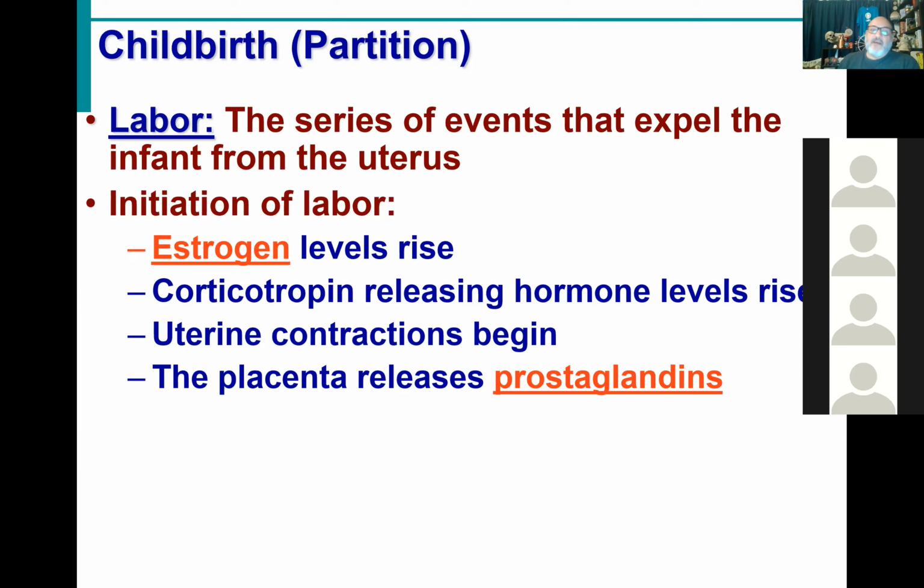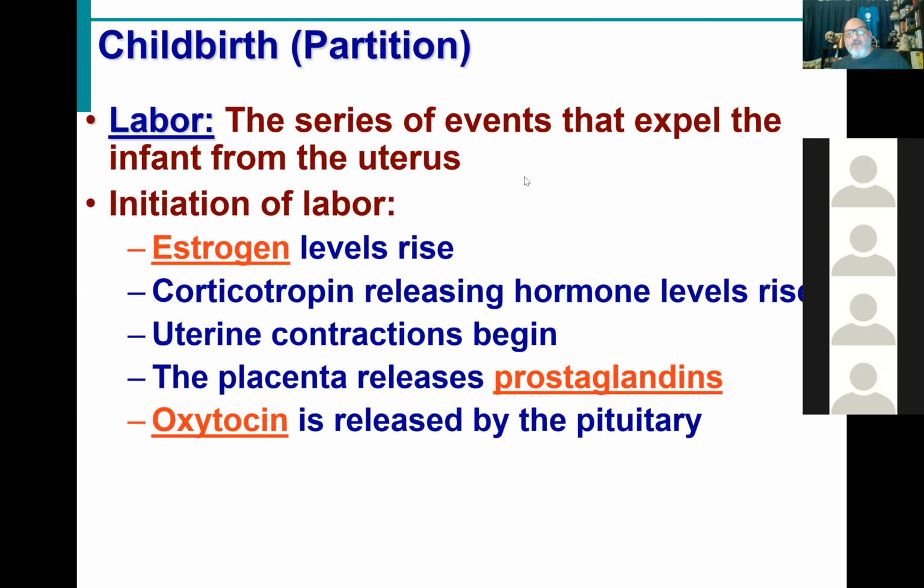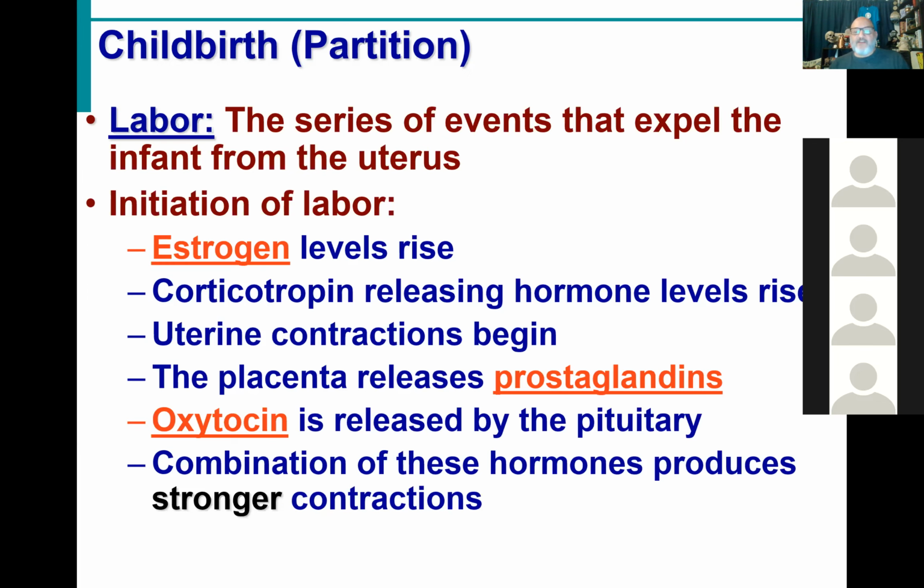By the same token, even if ejaculation doesn't occur into the female, you want to be careful about bringing the female to orgasm, because again, it can cause those uterine contractions. And the placenta itself is going to release prostaglandins to help start that process by triggering those uterine contractions. The goal is to get that uterus contracting so we can start that positive feedback process and ultimately expel the baby from the uterus.